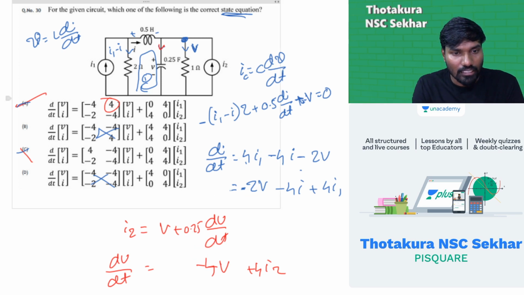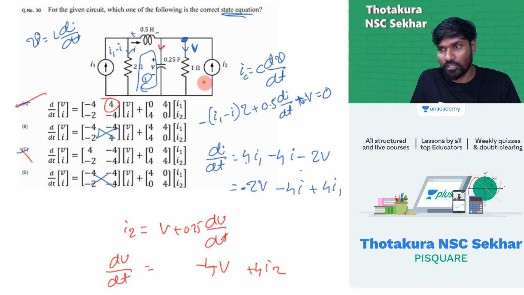Okay, let me just check, give me some time. Question number 30, what is the answer they have given? A is right, but somehow we got this matched, and this is not matching.